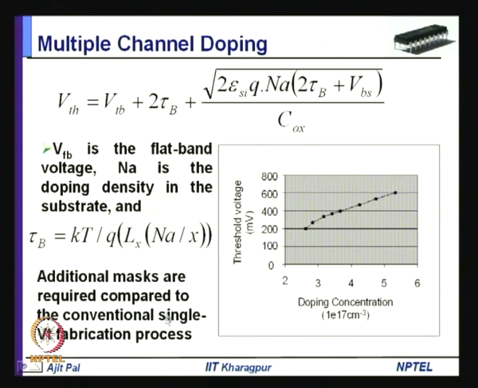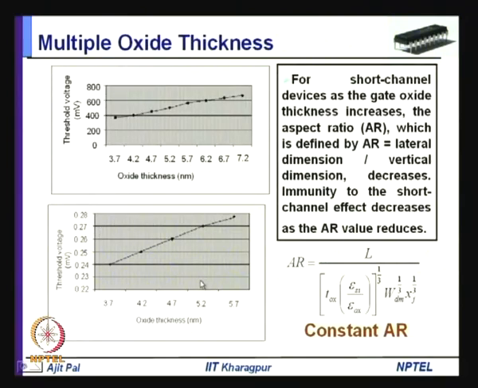So, you can realize multiple threshold voltage transistors in a single circuit. However, you have to incur additional cost in terms of additional processing steps, fabrication steps and additional masks. So, this is one technique that can be used for realizing transistors with multiple threshold voltages.